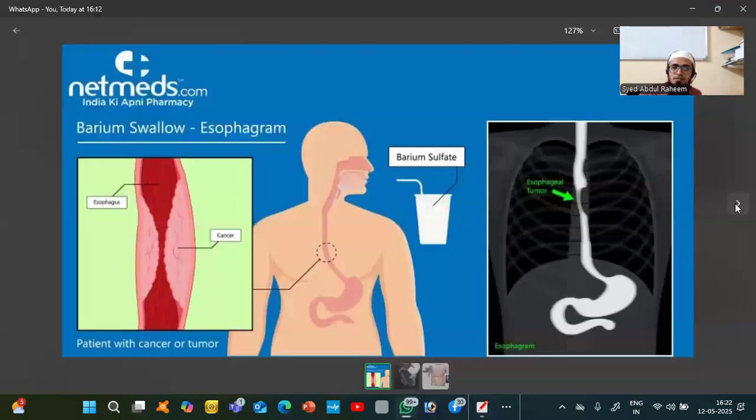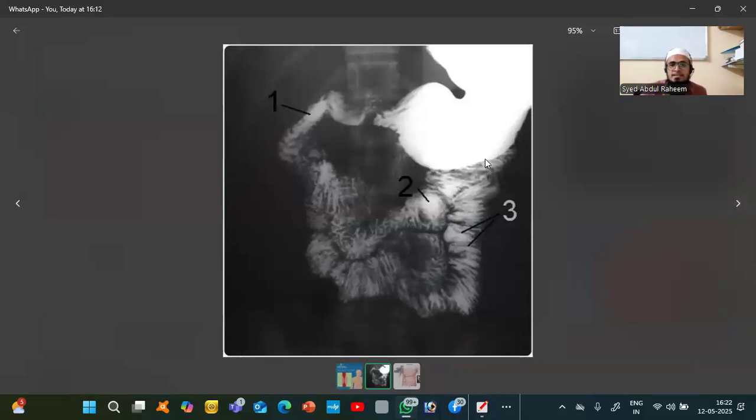You can see this image. This is the stomach part. This is the small intestine, large intestine. But when you take the barium meal, the stomach can be seen in great detail.